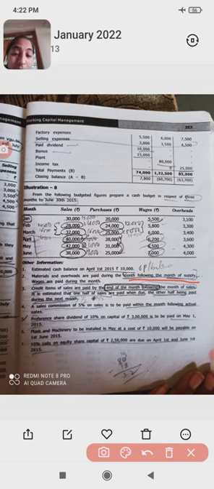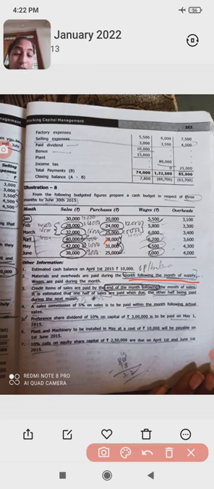But what he says is, materials and overheads are paid during the month following the month of supply. Whenever the supply is there, the payments are done in the following month.